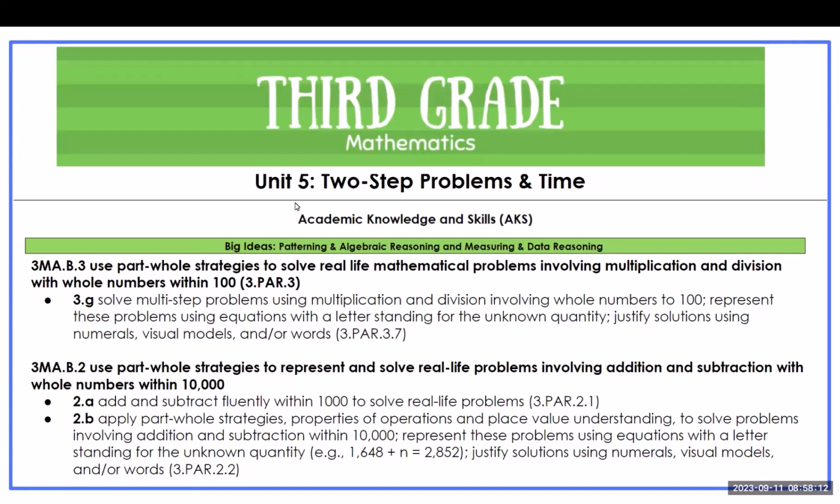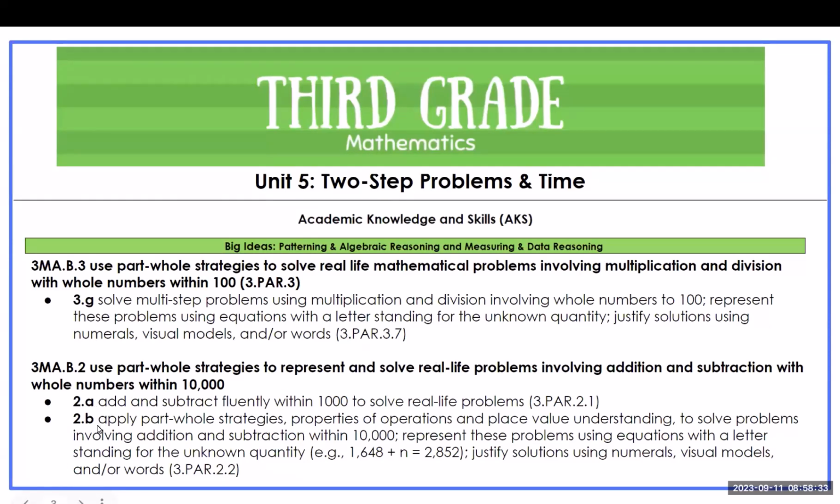Unit 5 is anchored in multi-step problems and time. When teaching 3G, our focus will be on multi-step problems using multiplication and division. As a reminder, multi-step problems include 2 or more steps in a problem.